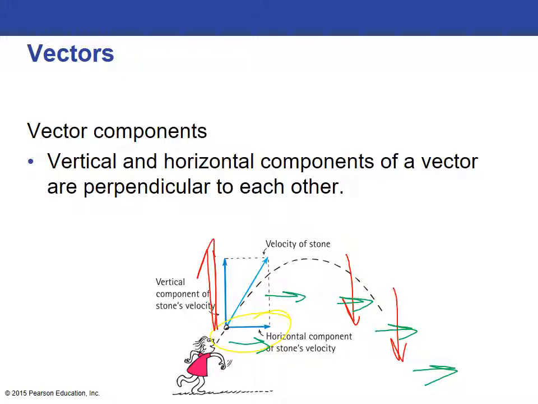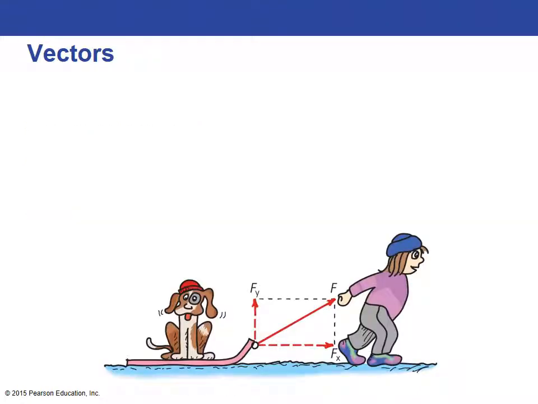So our vector components are vertical and horizontal. We divide up our resultant into a vertical and horizontal component that are perpendicular to each other.